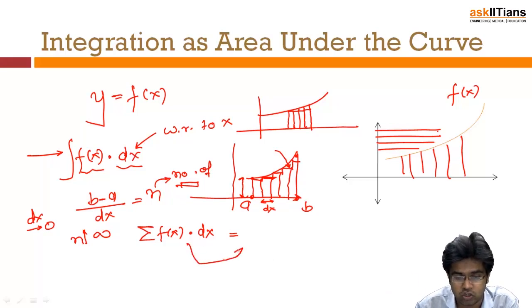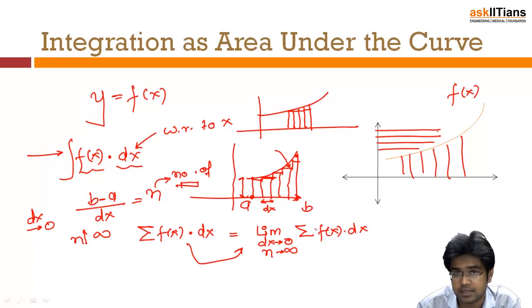The summation has actually become a limit: dx tending towards 0, which implies n tending towards infinity, summation f(x) dot dx.